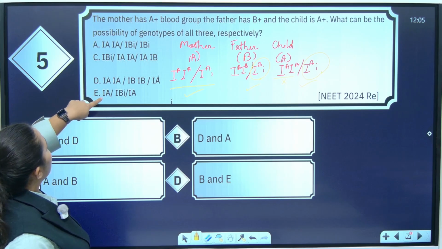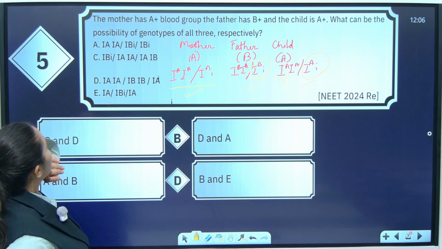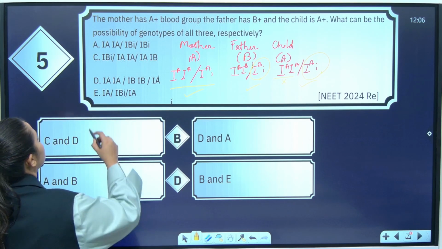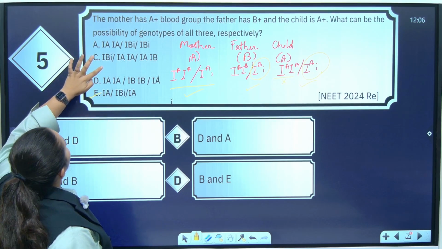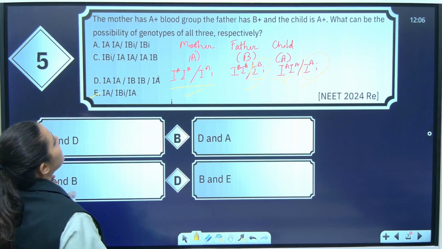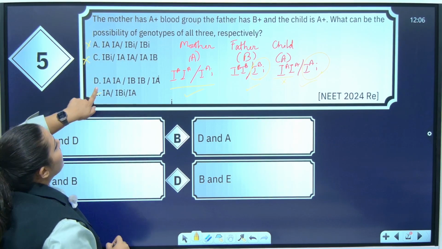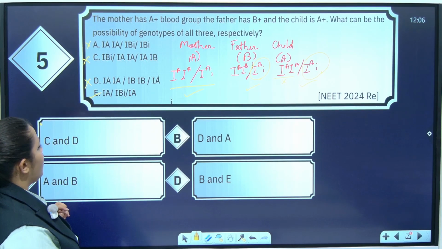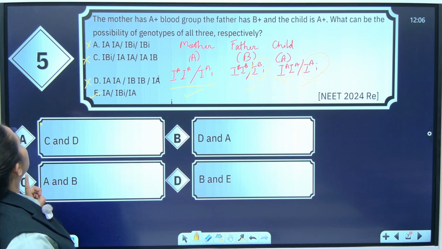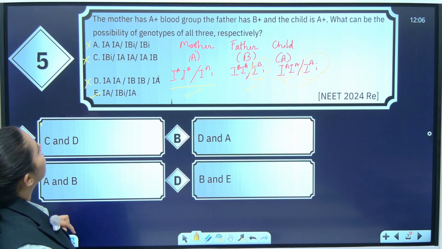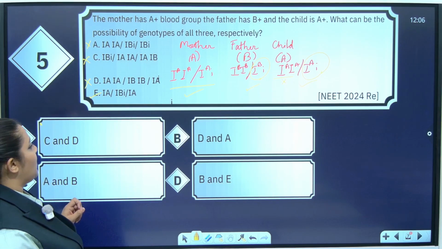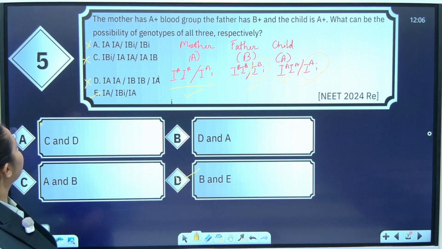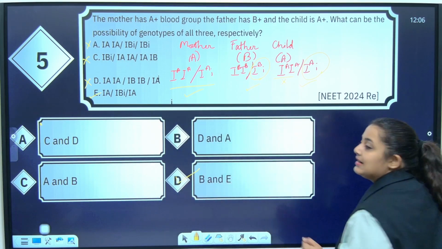IA, IBi, and IAi. These are correct ones. IBi, IAIA, IAIB. No, this is not correct. IAIA, IBIB. No. So for now we have only E, and option B is not seen over here, but I'm assuming it is also correct because that's all we have in options. So it is going to be B and E. So option is D for us.